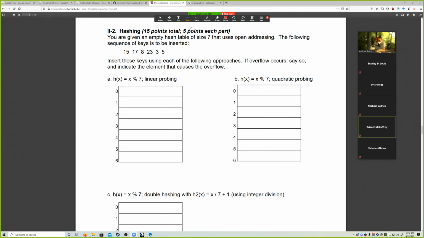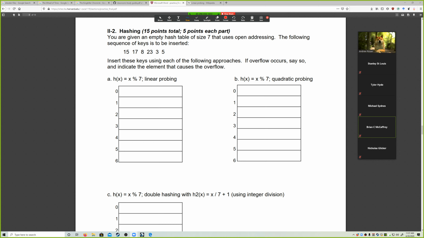Here we go. Hashing. You are given an empty hash table of size 7 that uses open addressing. The following sequence of keys to be inserted is 15, 17, 8, 23, 3, 5. I guarantee you will get something similar to this on the exam. We give you a bunch of items, we give you a hash table, and we tell you to give us the answer.